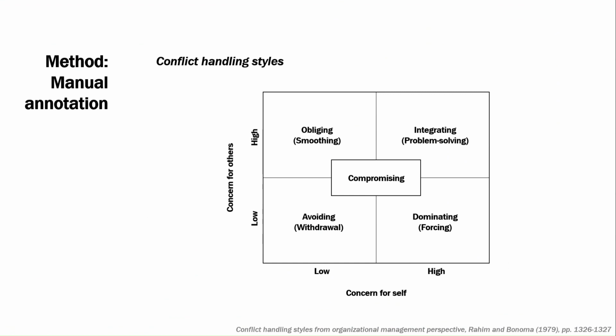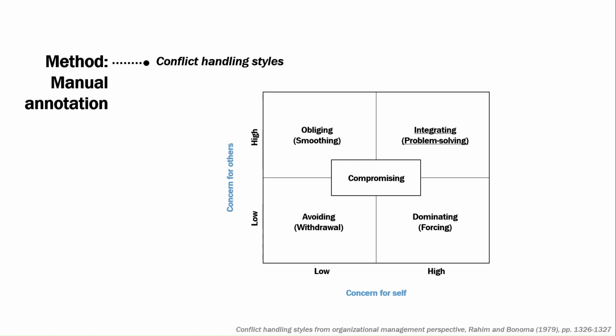We used two different taxonomy models to categorize conflict management strategies: conflict handling styles and dialogic functions. Conflict handling styles categorize five different behaviors found in people based on two behavioral dimensions of concern for self and concern for others.